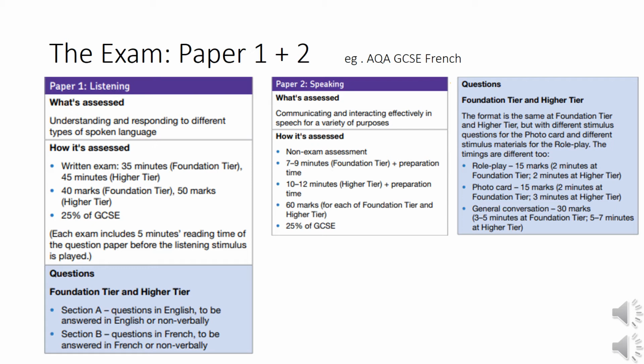And roughly half of your conversation will be on each theme. So for foundation, you may spend 2.5 minutes on theme 1, which is family and friends, while you may spend the other 2.5 minutes talking about theme 3, which is education and work life.